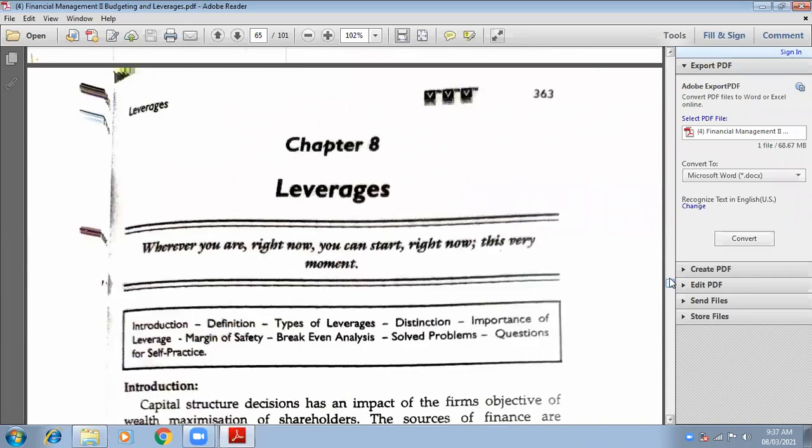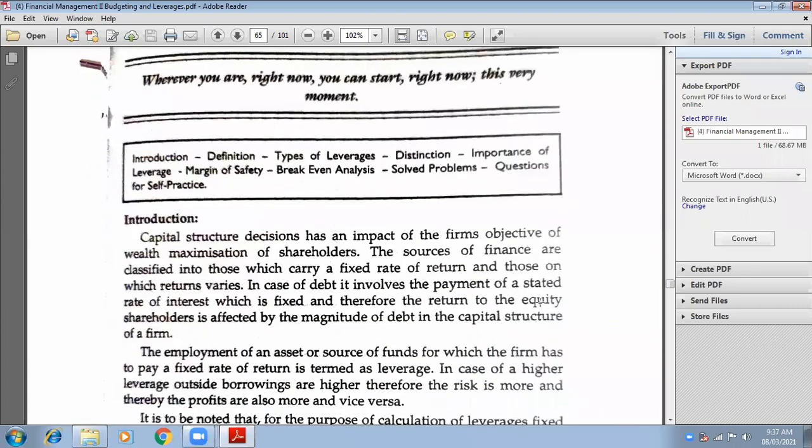This is the chapter that we are going to start. So, leverages. Now, what do you mean by leverage? Can anybody tell me what you mean by leverage?